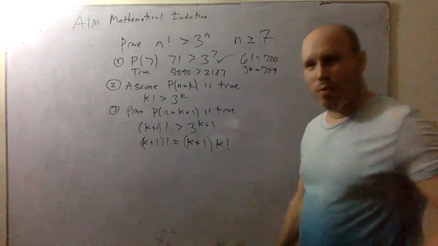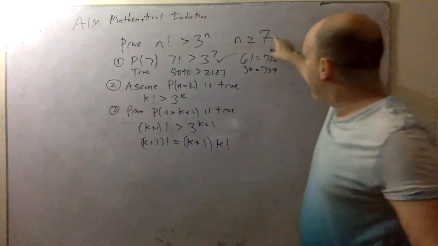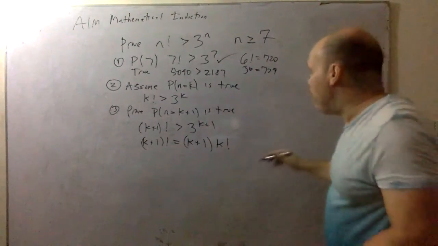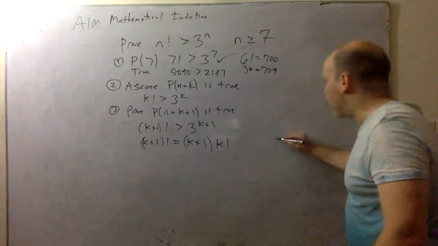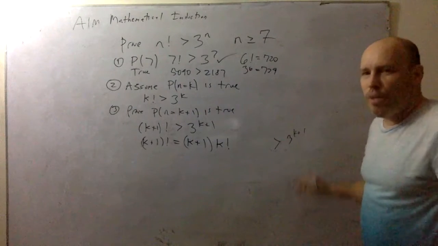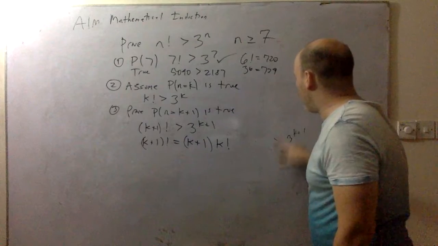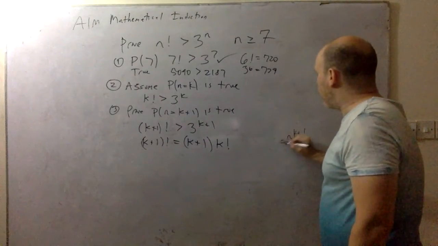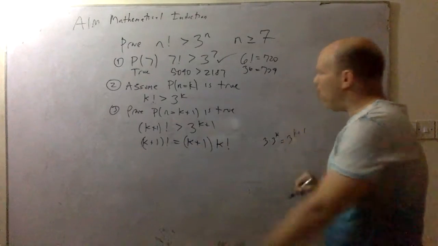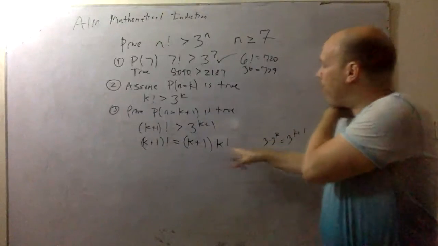Where did we say k started? It starts at 7. And what do we know we want? We know we need to be greater than 3 to the k plus 1, and so you might work backwards. You might say that's equal to 3 times 3 to the k, because you're going to be using this. But how do you know that this is greater than that?